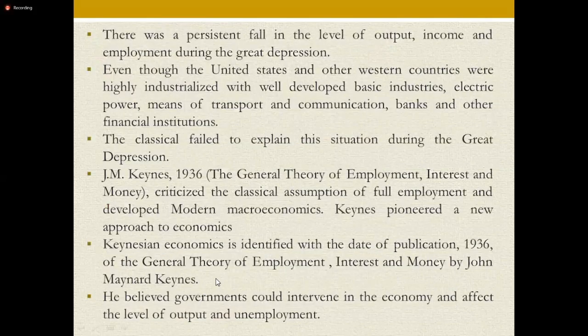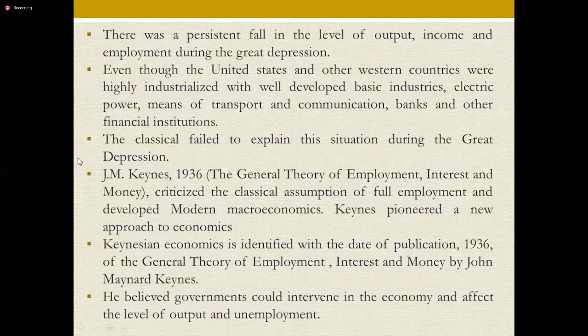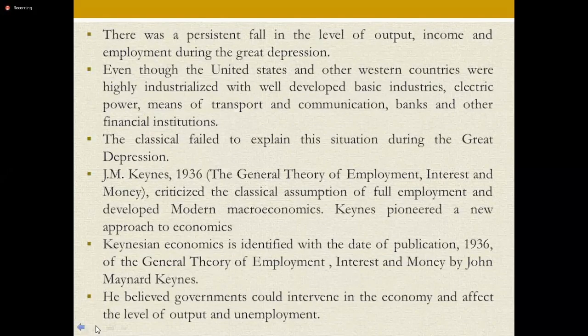So due to this Great Depression, active policy or active government intervention was needed. And due to the Great Depression, a continuous fall in the level of output was there.